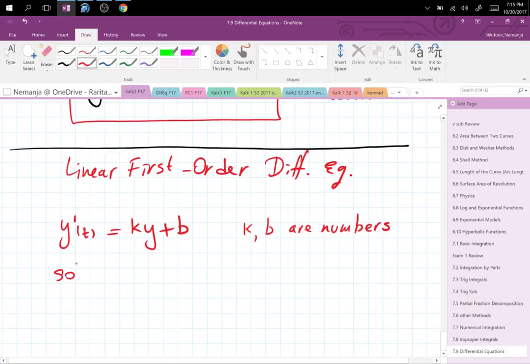The solution is y of t is equal to C e to the kt minus b divided by k.